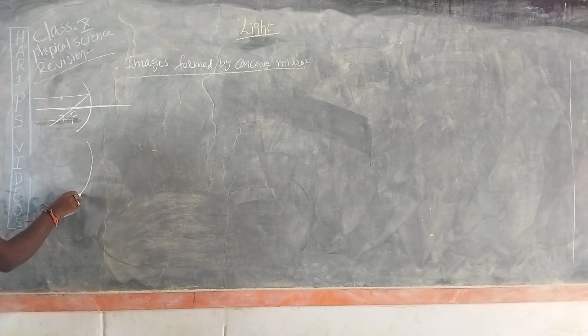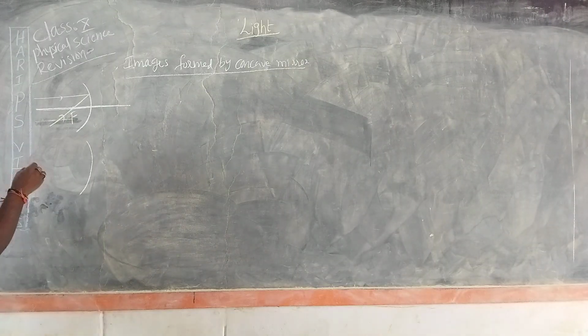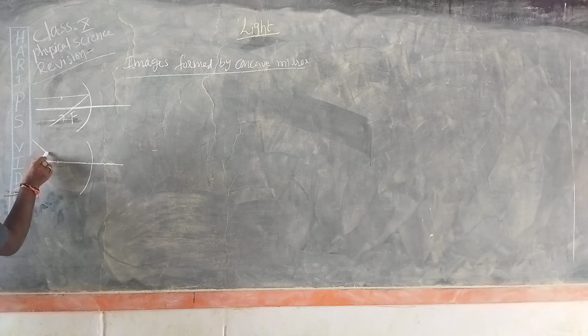Then what about the second rule? If the light passes through the center of curvature, it is reflected in the same direction through the center of curvature.